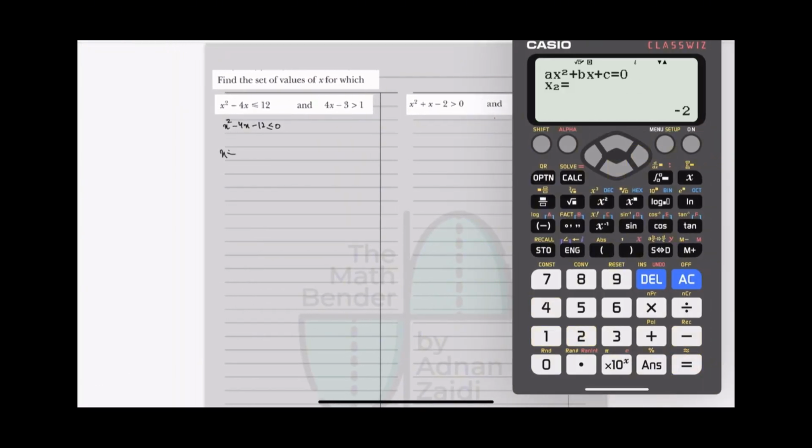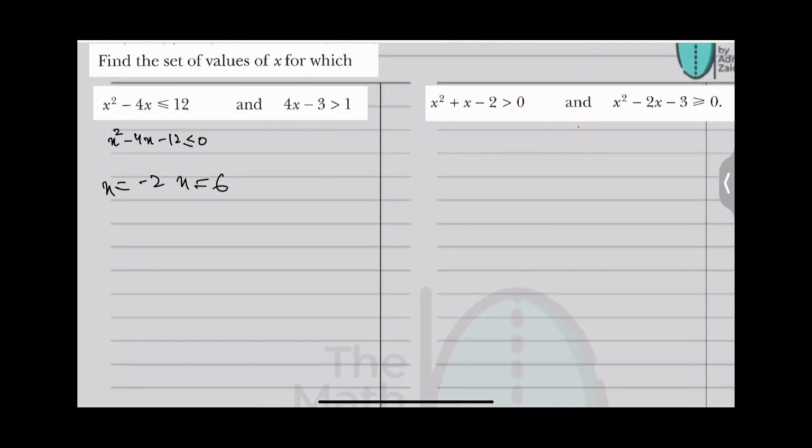So x turns out to be -2 and x is equal to 6. For the next one, 4x, it's a linear inequality, is greater than 1 plus 3, and x is greater than 4 over 4, and x is greater than 1.